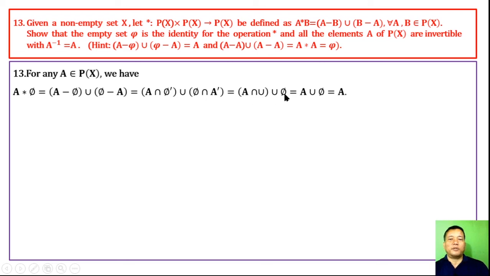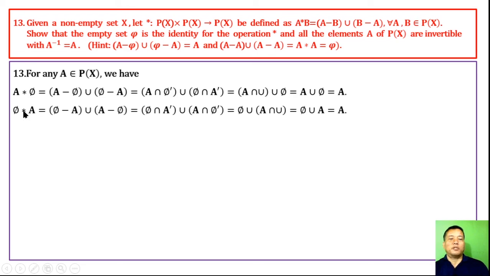The intersection of phi with any set is phi, and A intersection U is always A, since A is a subset of U. The union of A with phi is A, so A asterisk phi is A. By the definition, phi minus A union A minus phi is phi intersection A complement union A intersection phi complement. The intersection of phi with any set is phi, so we get phi union A intersection U, which is A intersection U, that is A, so phi union A is A. The left side equals the right side, so A asterisk phi equals phi asterisk A equals A for all A belongs to P(X).